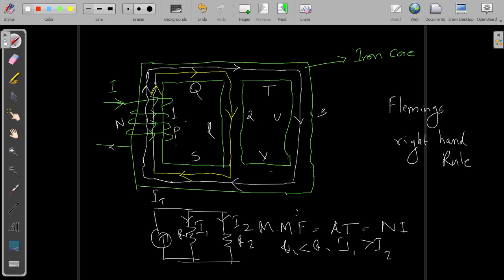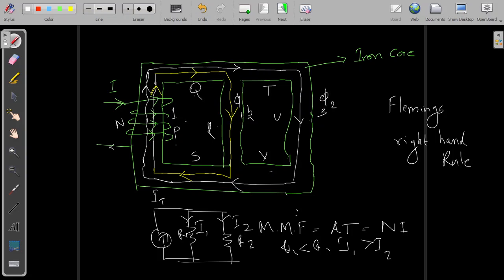So the current always chooses the minimum resistance path. In the same manner, the magnitude of flux here, for example, this is phi 1 and this is phi 2, like your I1 and I2. The magnitudes of phi 1 and phi 2 depend upon the resistance.